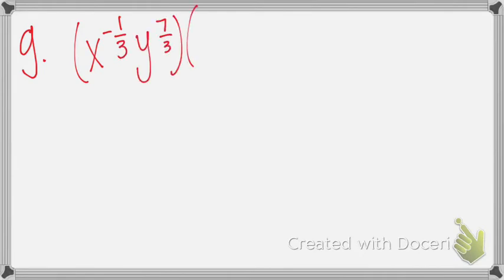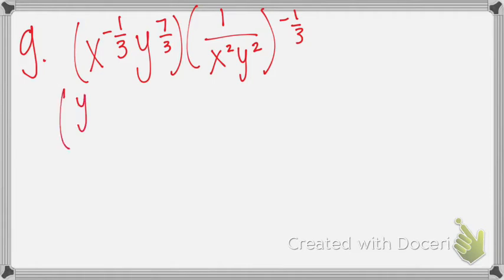The next one I'm going to do is letter G, and it is x to the negative 1/3 y to the 7/3 times 1 over x squared times y squared to the negative 1/3. So first, we want to use that negative rule in that first set of parentheses. We want to move our negatives to the bottom. So we're going to keep y to the 7/3 on top, and we're going to move x to the 1/3 on the bottom. All right, on the second set of parentheses, we want to apply the power rule first.